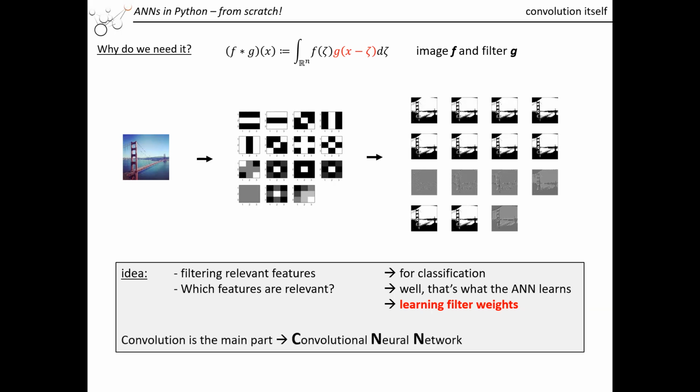And this is the main part of those convolutional neural networks, and that's where the name comes from. That's why they're called convolutional neural networks. We will build a network with only a few convolution filters, so 5, 7, maybe 9 different filters. More sophisticated convolutional neural networks can have 100, 150 different filters. So that makes up the bulk of the entire network.